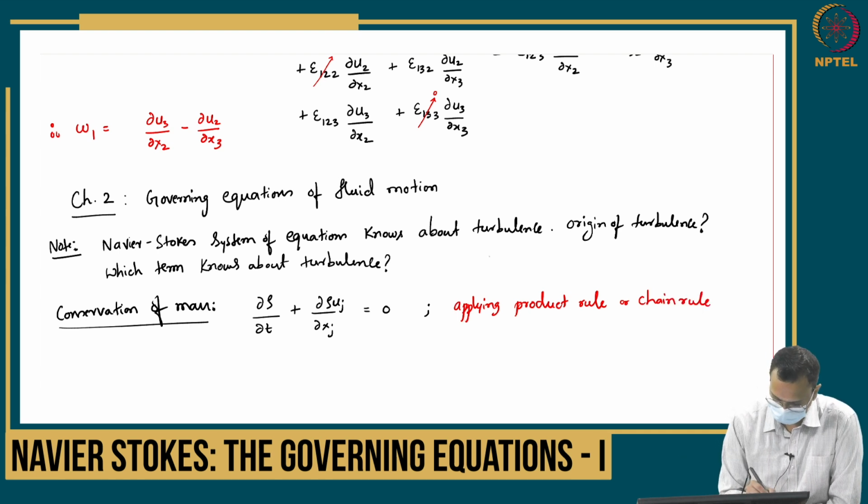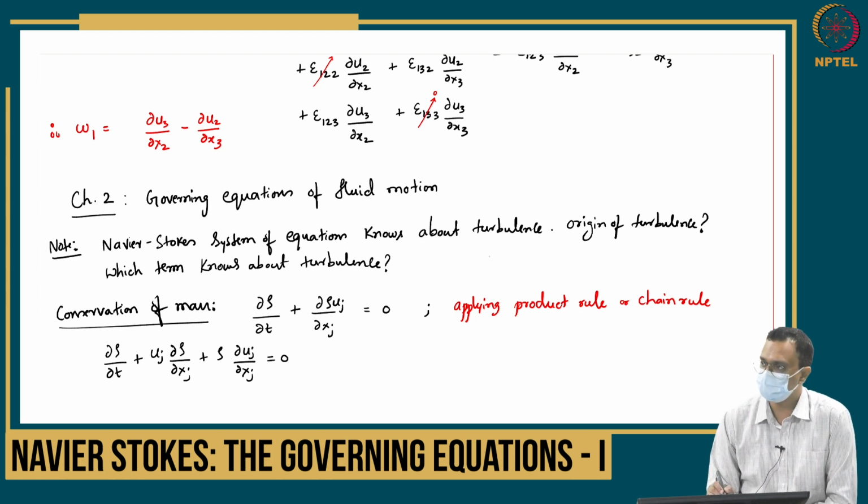If I do this, I get dou rho by dou t plus uj dou rho by dou xj plus rho dou uj by dou xj equal to 0.